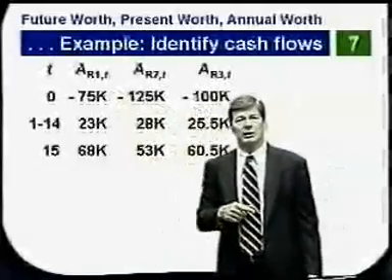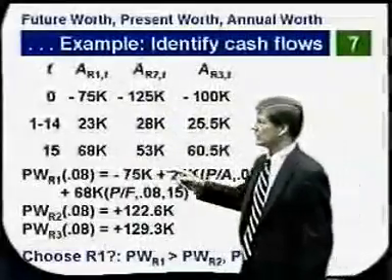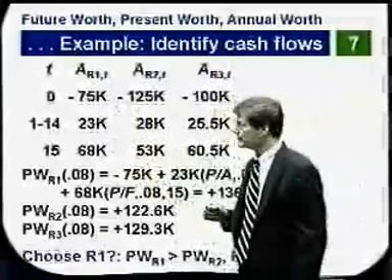And if I do so, it would look like this. The equation I might write to calculate the present worth of Route 1 might look like this.